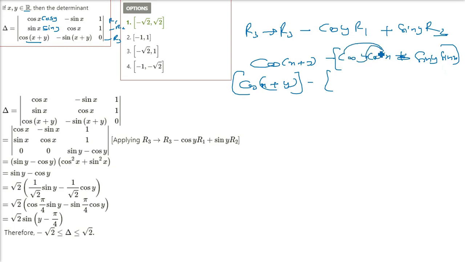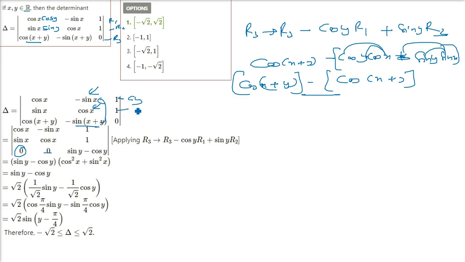So cos a cos b minus sin a sin b is cos(a plus b). It is cos(x plus y). You can just cancel it. It is 0. Similarly, minus sin(x plus y) minus sin x into cos y, minus minus will be plus, and then minus cos x sin y, that will again give you a 0.